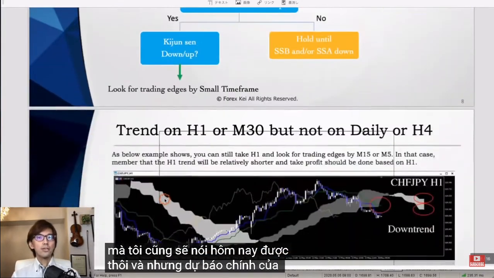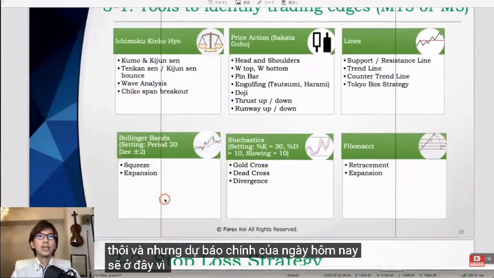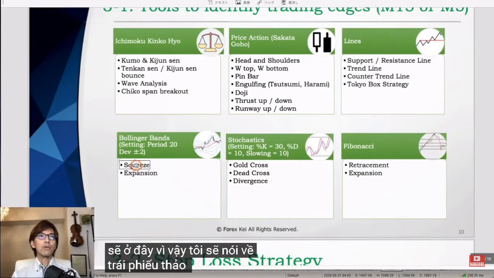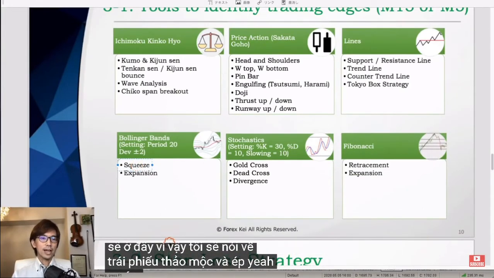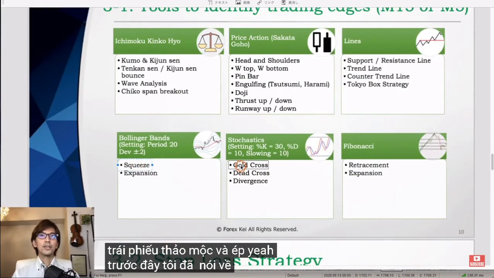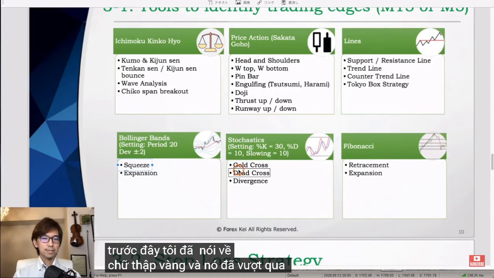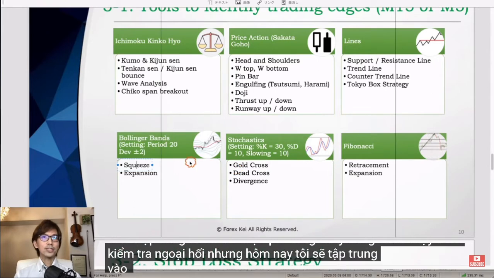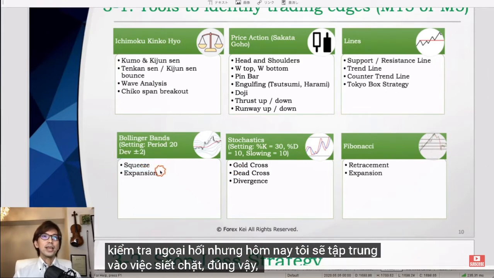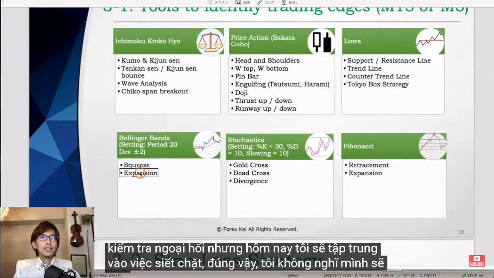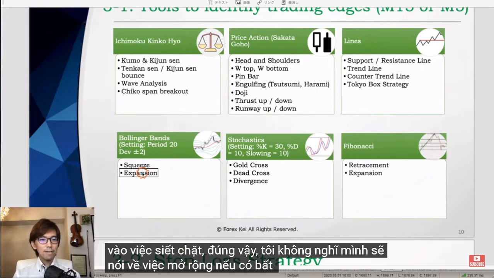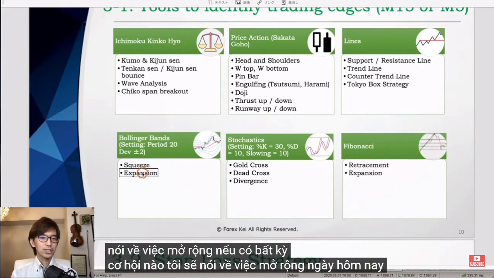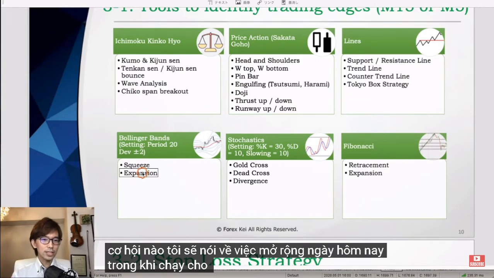Today's main focus is going to be here: I will talk about Bollinger Band squeeze. Previously I was talking about golden cross and dead cross with stochastics by running Forex Tester 4, but today I will focus on squeeze. I don't think I will talk about expansion, but if there is any chance, I will while running Forex Tester 4.